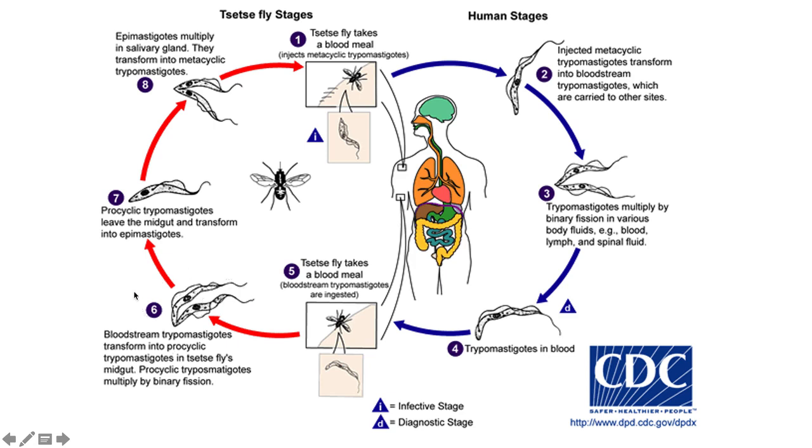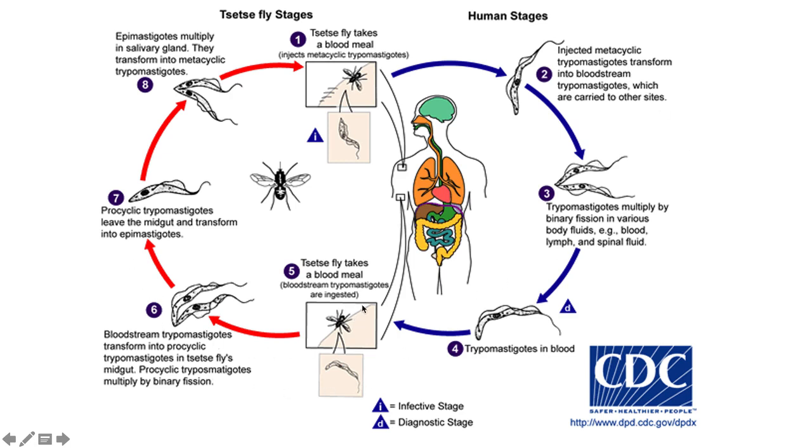Trypomastigotes. These trypomastigotes are going to transform to epimastigotes, okay, and then the epimastigotes multiply in the salivary glands into metacyclic trypomastigotes again, and then to the human.